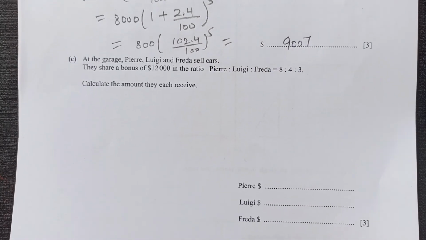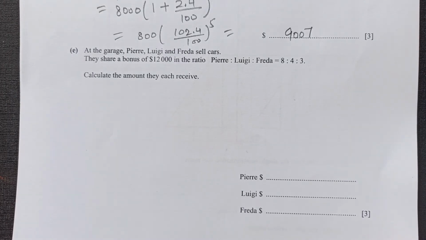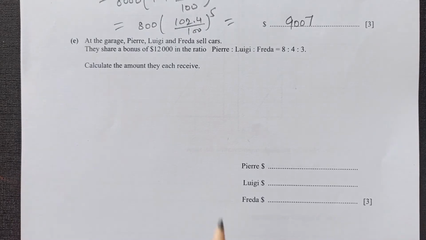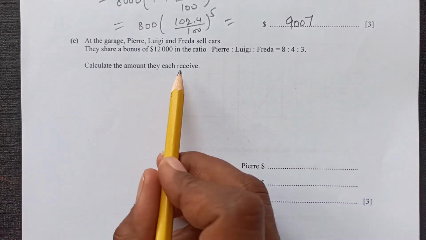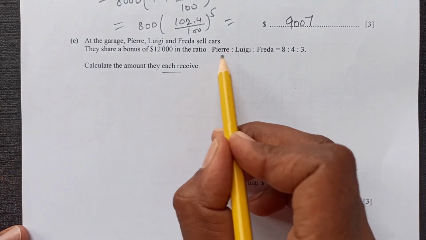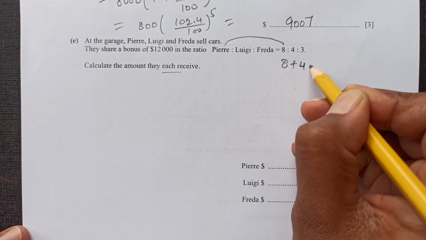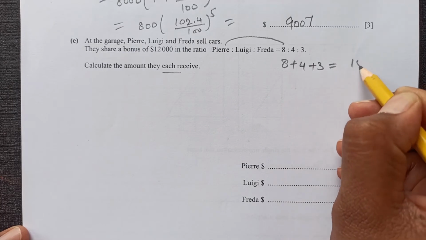Now part E. At the garage, Pere, Luigi and Freda sell cars. They share a bonus in this ratio. Calculate the amount that each receives. So the total here is 8 plus 4 plus 3, which is 15.